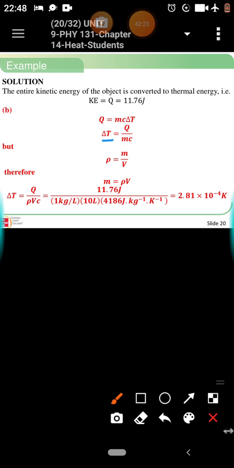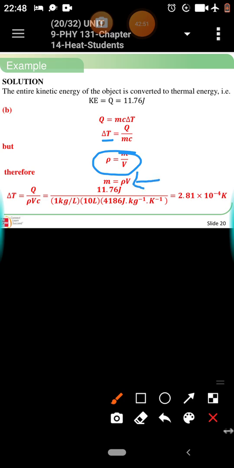But we don't know the mass, but we're given density. In this equation we need to plug in mass, but we're given density. You know this formula, density is mass over volume. So you can rearrange and make mass the subject of the formula. This is what I did here.